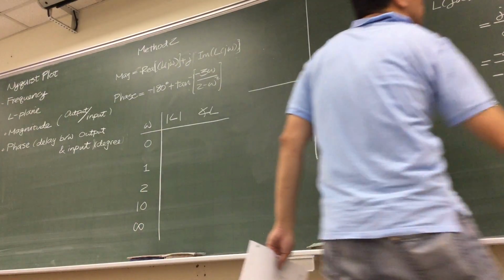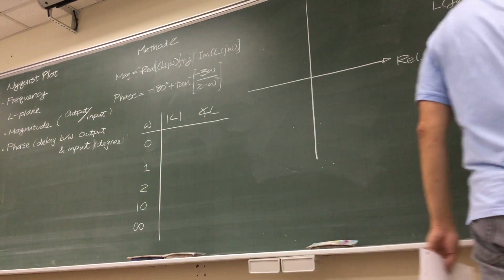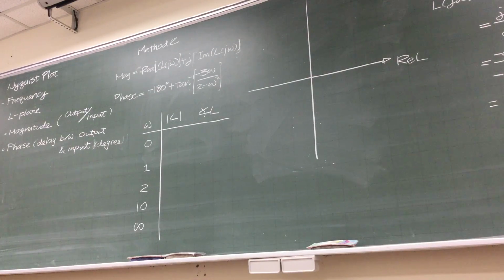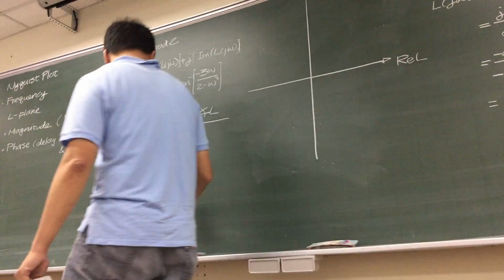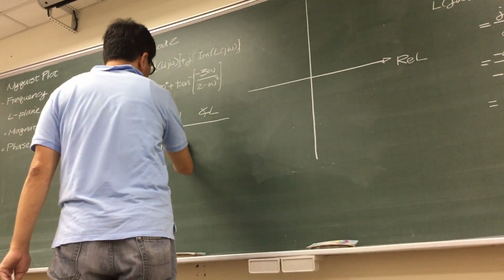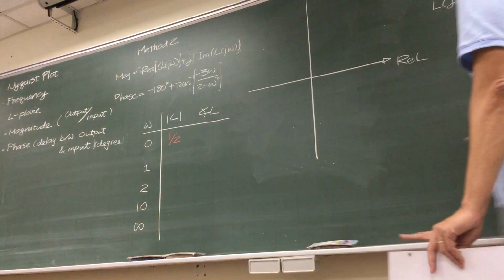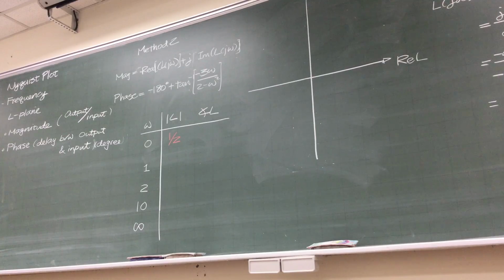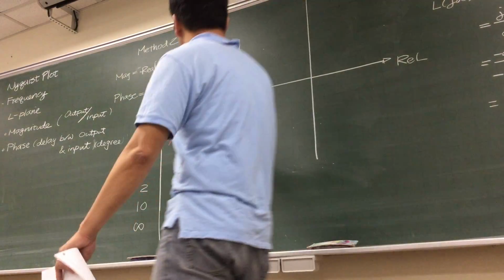So if I use this method over here, when omega equals 0, what is my magnitude? 1.5, right? What is my angle? This is 0, this is 0, so both of them are 0. So it's going to be minus 180 degrees.